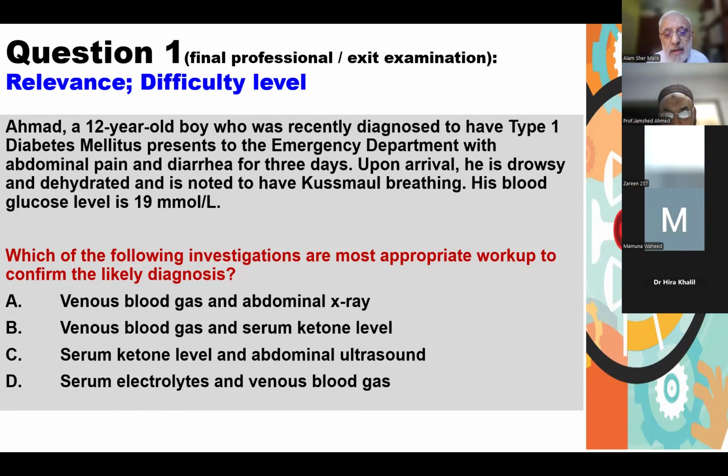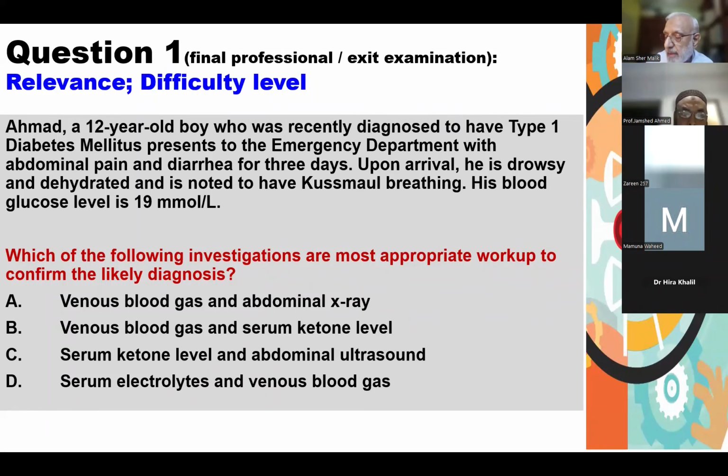At the moment, what we are looking at is whether this question is essential knowledge for a graduate. Because it can present as an emergency and is a potentially fatal disease, it is an essential piece of knowledge.